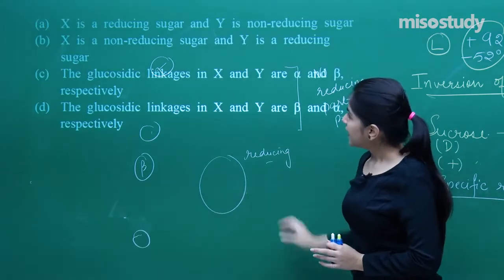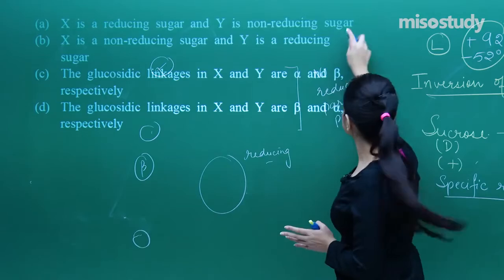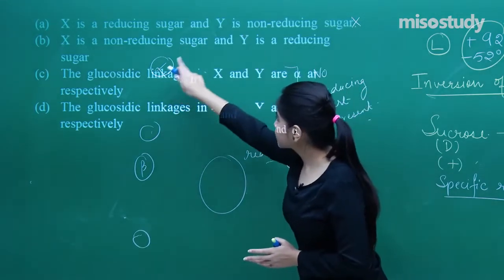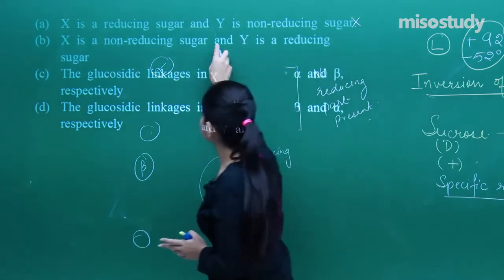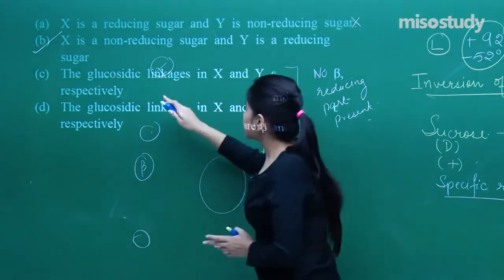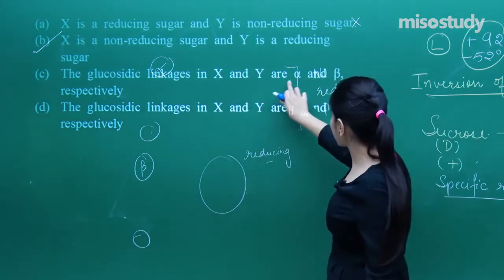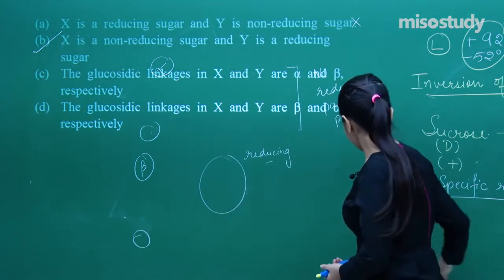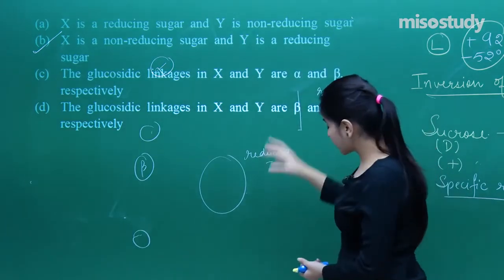So now X is a reducing sugar, Y is not. This is not true. X is non-reducing while Y is reducing. That is true, we have found out. The glycosidic linkage in X and Y are alpha and beta respectively. That is what it is.